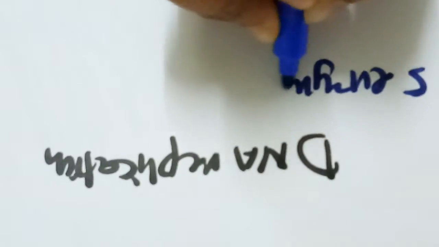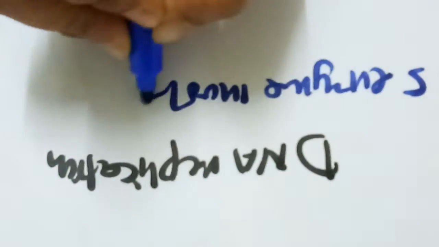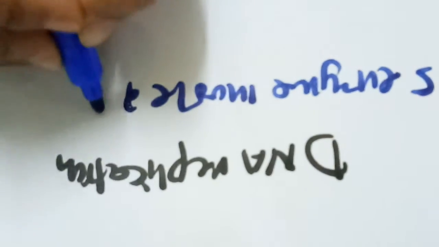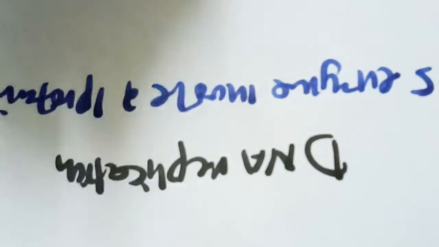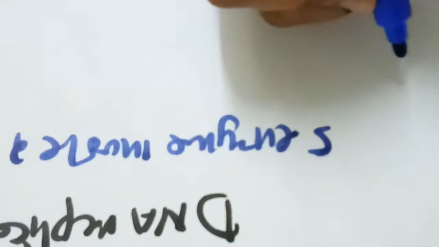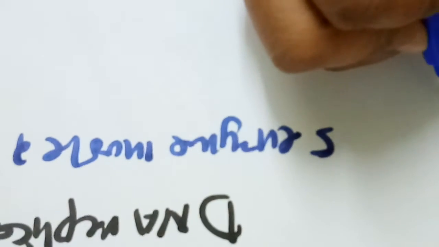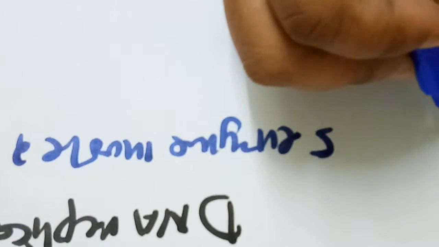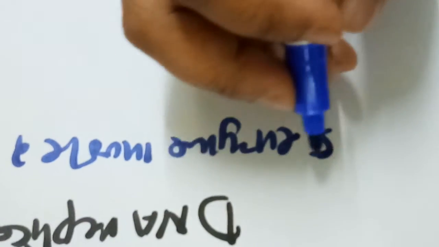Okay, so in DNA replication, what's more important, you have to know the 5 enzymes involved and 1 protein. First you have to list the enzymes based on the steps in the DNA replication.